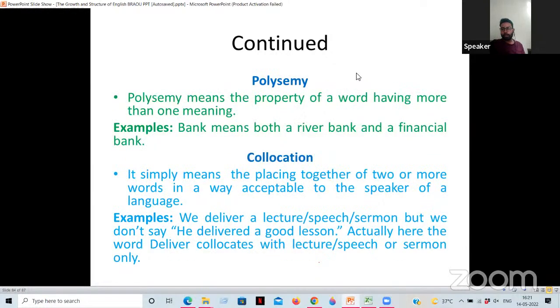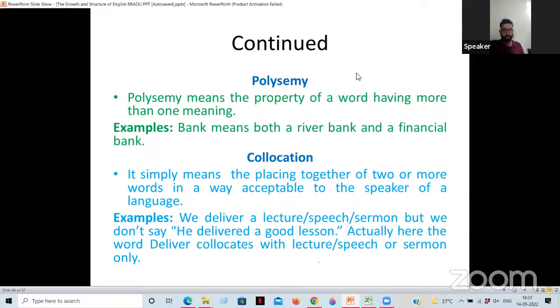Next one is polysemy and collocation. Now, what is polysemy? Polysemy means the property of a word having more than one meaning. So when one word has more than one meaning, that becomes a polysemous word. A word can function or mean in two, or we can say more than two places, and that meaning will be different from each other.